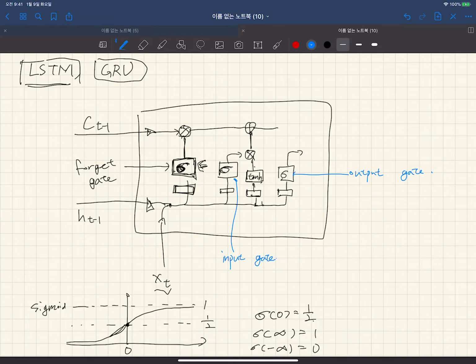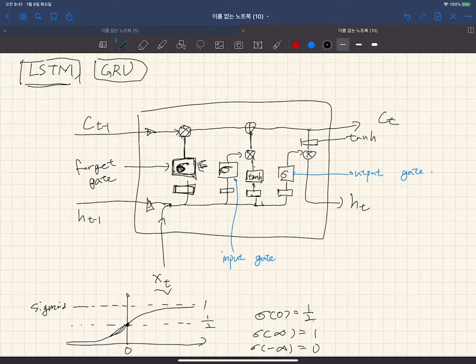Okay, it basically controls how much of the updated cell state information, passed through the hyperbolic tangent, can be stored as the new hidden state. That's it. That's the basic LSTM architecture.